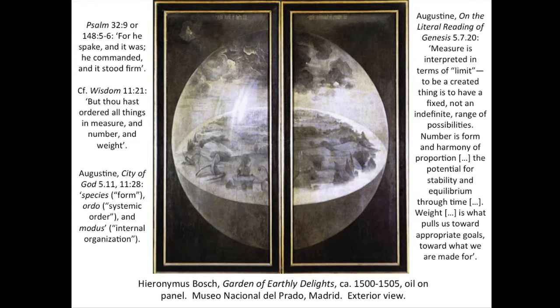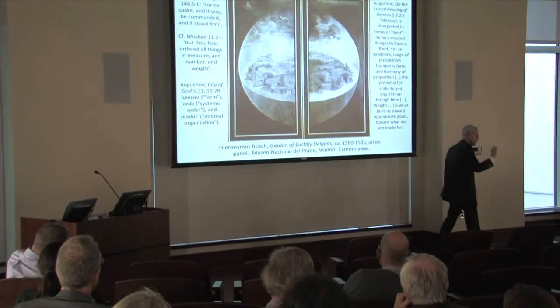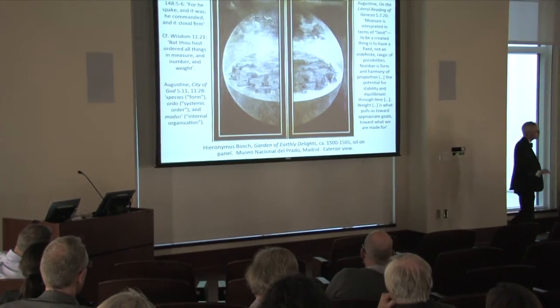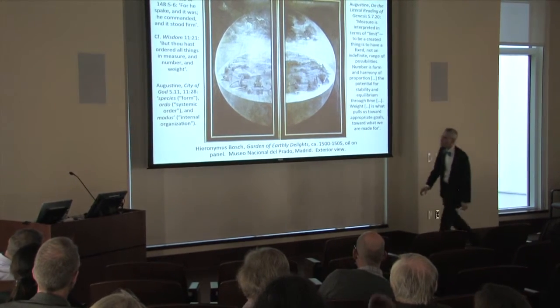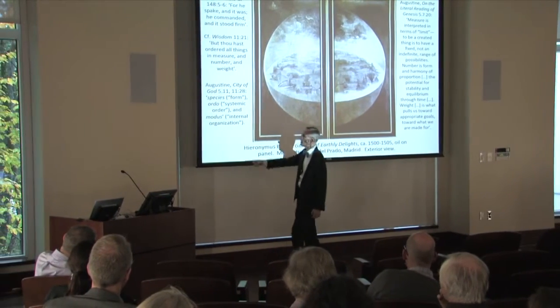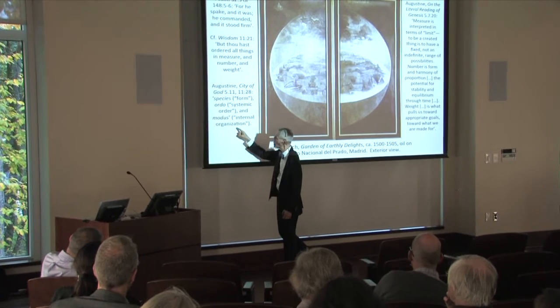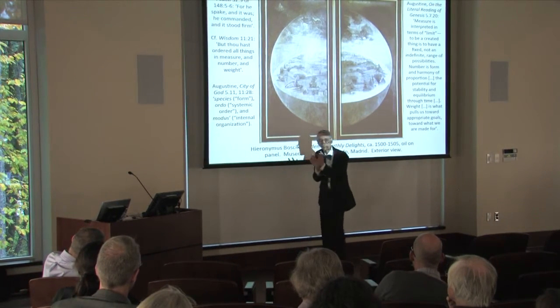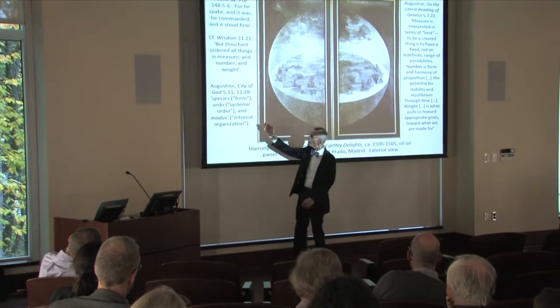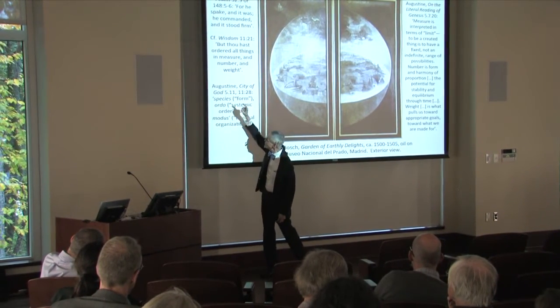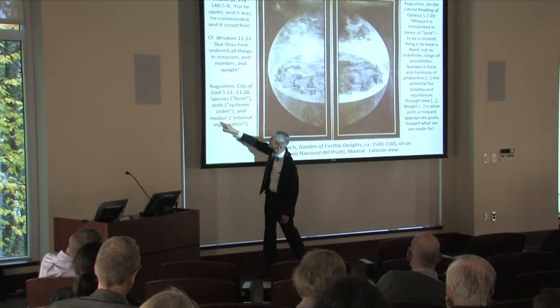According to ordo, which is systemic order, the relation of every part of the world to every other part of the world. And this relation is proportional. And according to modus, which is the internal organization, the internal decorum of each created thing. So the world is created according to species, ordo, and modus.